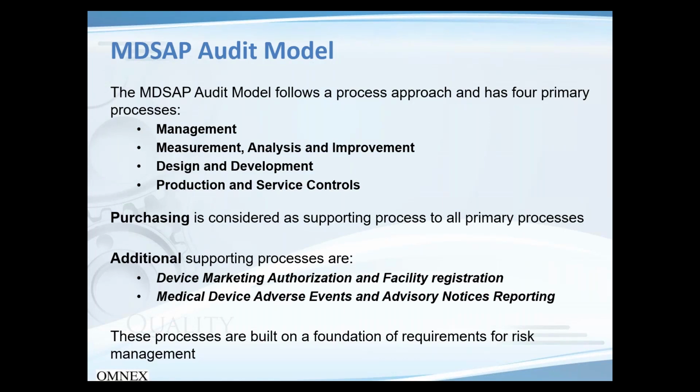So altogether there are 7 processes that the whole MDSAP is involved in, and each process has several tasks. In the MDSAP audit model, the management process, for example, has 11 tasks that the auditor will be looking into. And altogether for the whole MDSAP, there are 90 tasks that the auditor will be looking into.